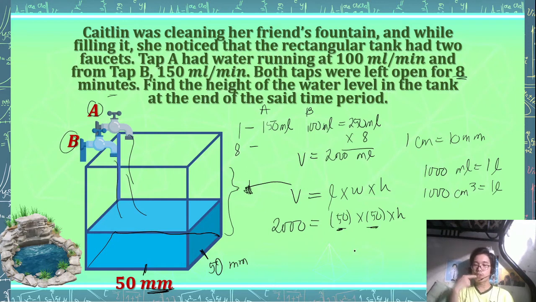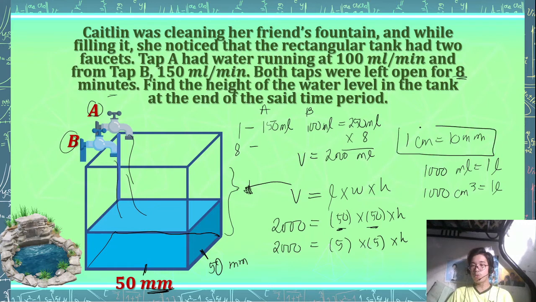How can we convert the millimeters that we have here? If we convert 50 millimeters to cm, that's just going to give us 5. So 2000 is equal to 5 cm multiplied by 5 cm multiplied by the height, because we know that 1 cm is equal to 10 millimeters.